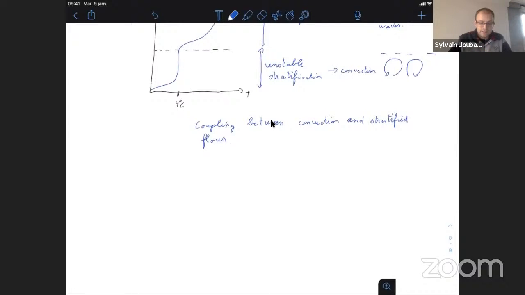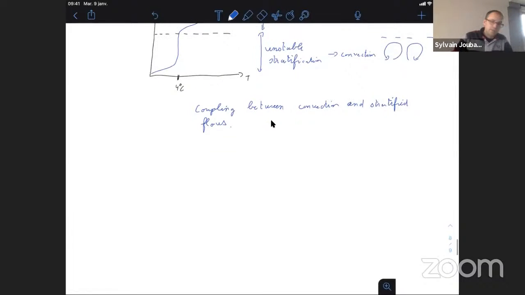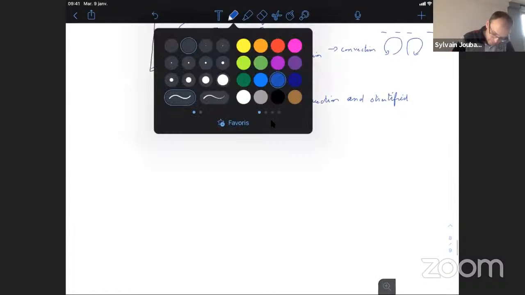It's this work together between experiments and numerical simulation that helped a lot in the understanding of the system and will help to understand the generation of internal waves in this system. And it's the case in many, many other systems.